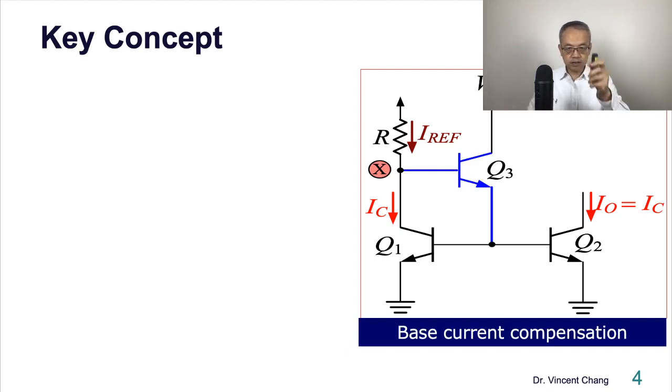If you understand this, you can send the error term, 2 IC over beta, into an emitter. And from the emitter to base, it has to be divided by another 1 plus beta.